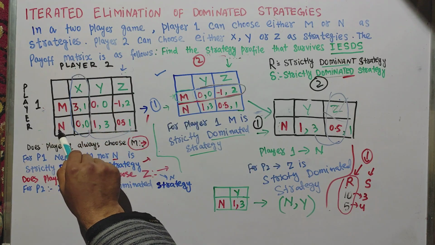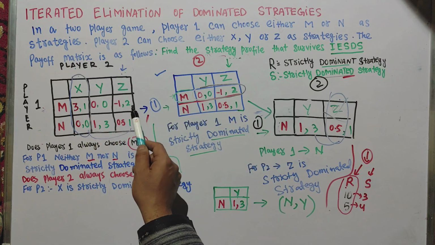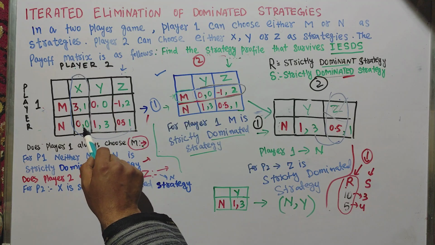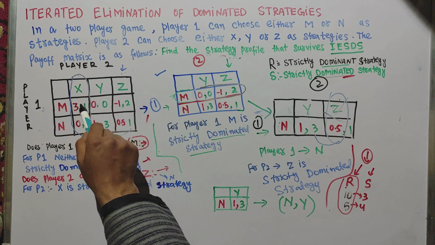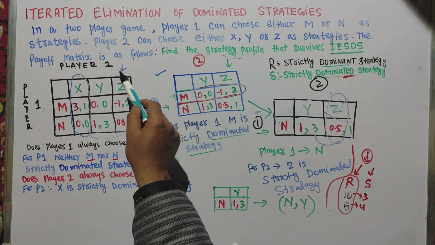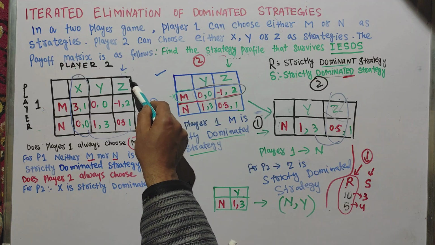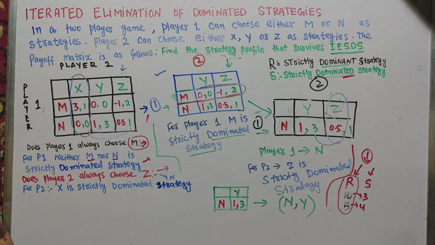And when player 1 chooses N, player 2 will again choose to play Z because Z gives him 1 payoff, X gives him 0 payoff. So 2 is greater than 1, and 1 is greater than 0. We say that Z is the strictly dominant strategy, which implies that X is the strictly dominated strategy.